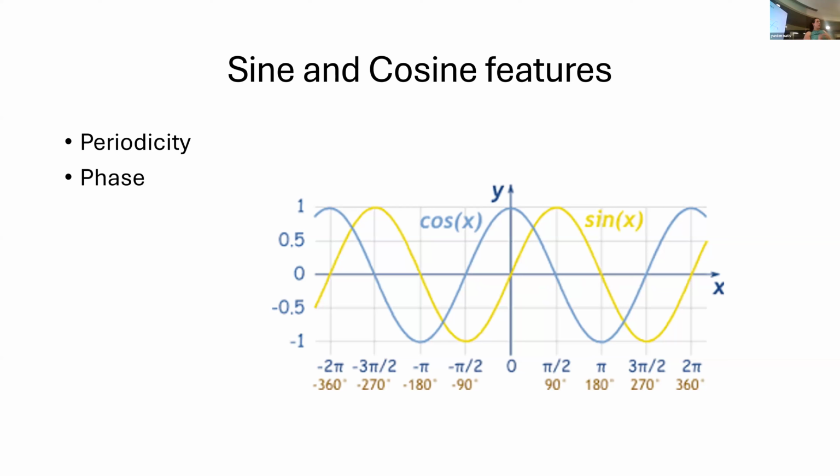Next thing that I want you to encounter is a very, very important feature of sine and cosine, which is called phase. Does anyone know what phase means? Again, another very confusing term in this field.